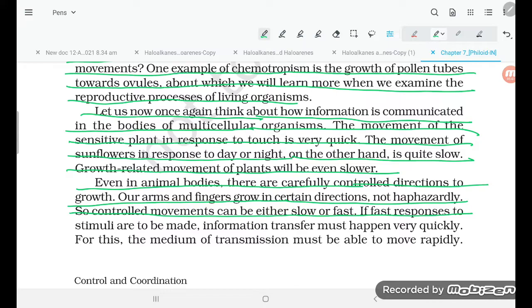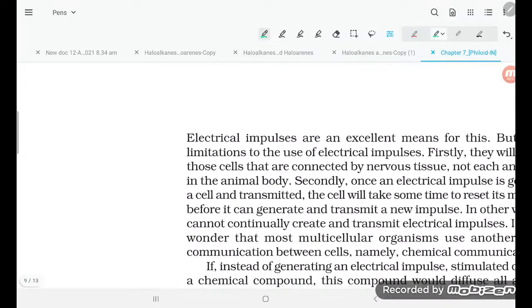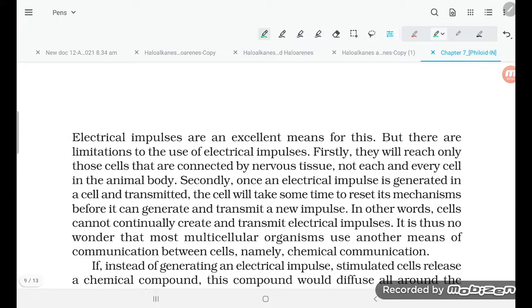If a fast response to stimuli is to be made, information transfer must happen very quickly. For example, the medium of transmission must be able to move rapidly. Electrical impulses are an excellent means for this, but there are limitations to the use of electrical impulses. Firstly, they will reach only those cells that are connected by nervous tissue, not each and every cell in the animal body.